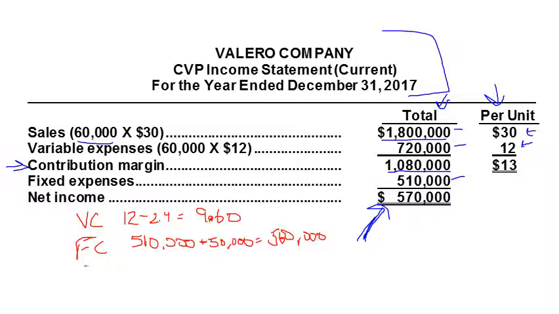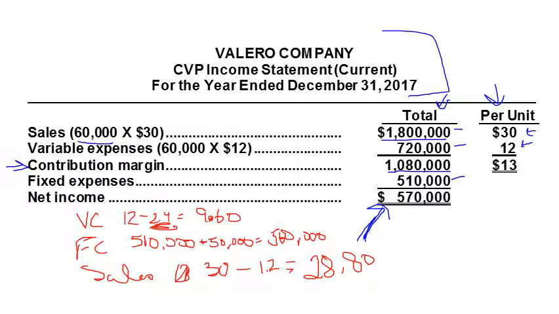So we're going to have 560,000 instead of 510,000. Then they told us that our sales price, sorry, the sales price would be decreasing by half of this. So our sales price was $30, and we're going to decrease that by one half of the amount of the change in raw materials, so $1.20. So our sales price is going to be $28.80.